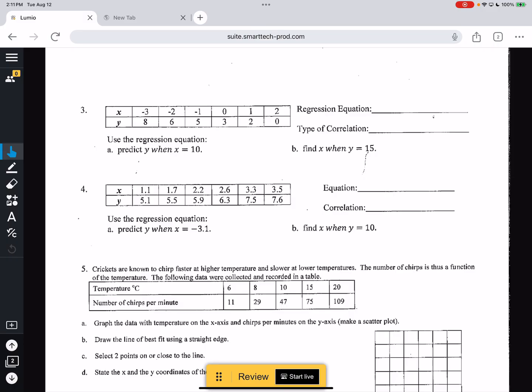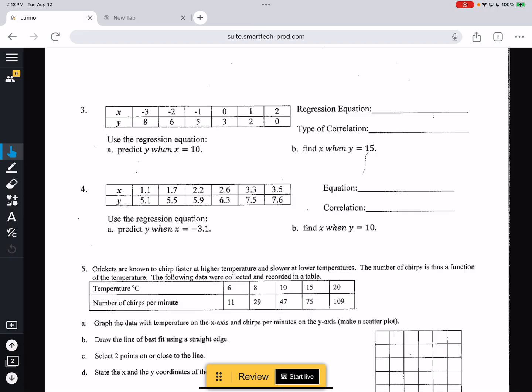I see what you're saying. Stat doesn't work. Oh, we have too many calculators.